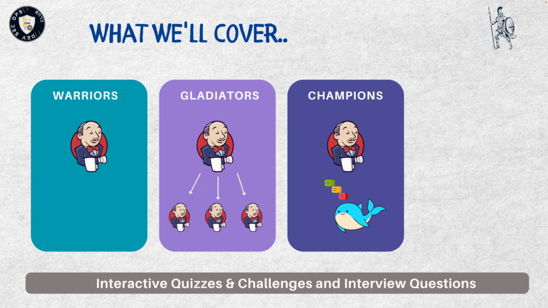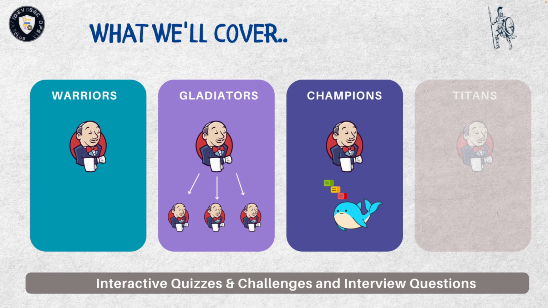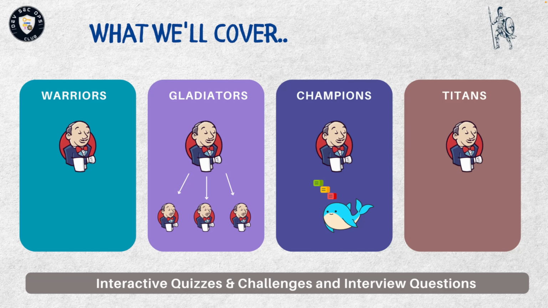Basically, we discussed several scenarios regarding when you run your Jenkins as a container. So that's what we learned so far in the previous part. And today is the time for Titans, which is completely dedicated to Kubernetes. Let's start this.